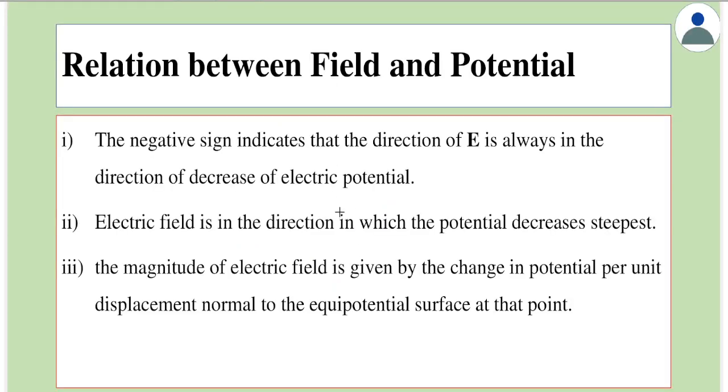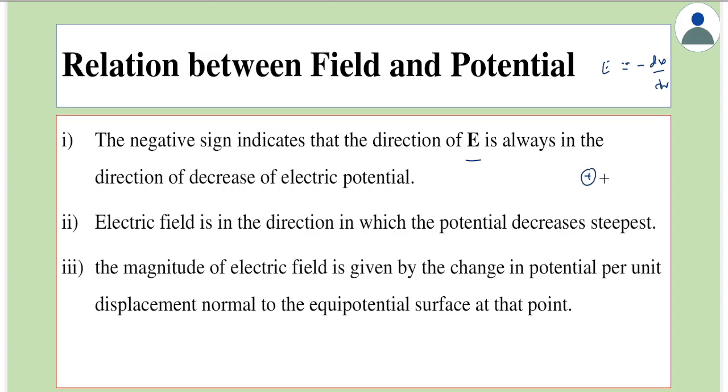Now let's look at some properties of these two parameters. Recall E is minus of dV by dr. Here the minus sign indicates that the direction of electric field is always in the direction of decreasing potential. We saw it in the case of a point charge also.